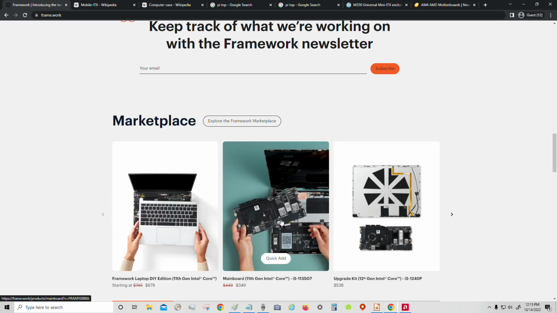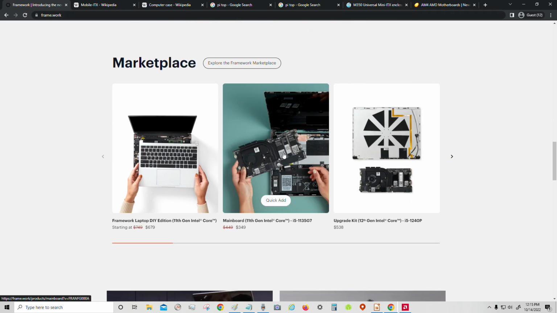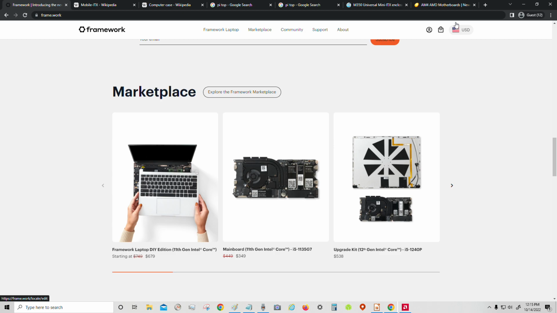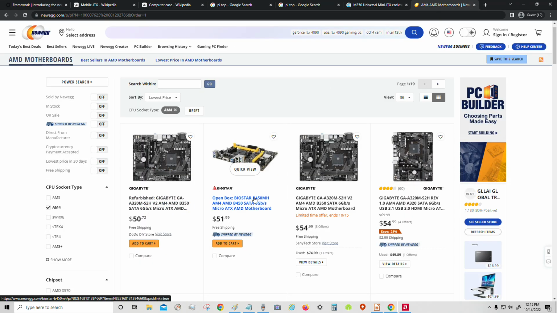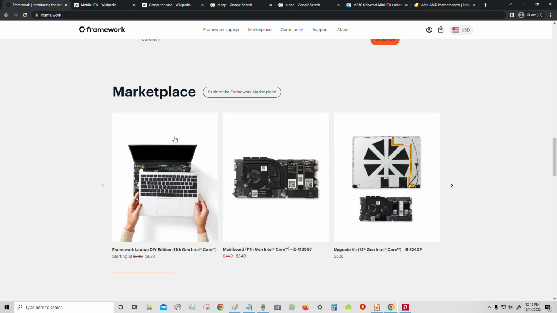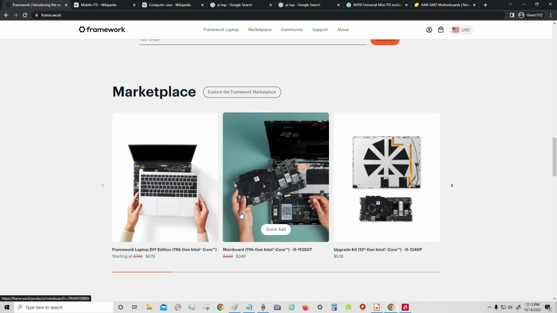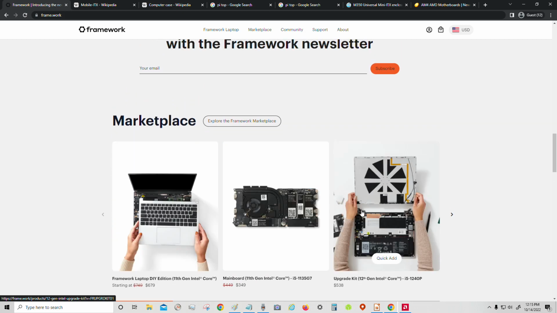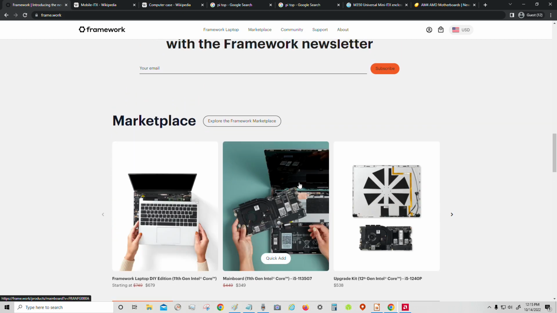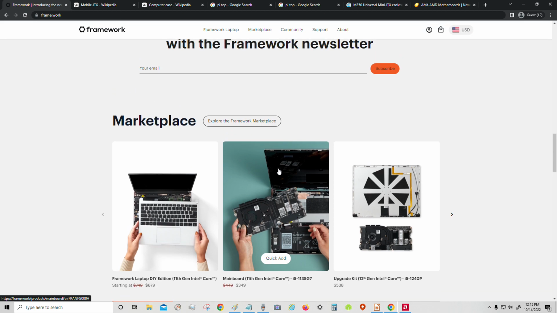So this is not something you would typically be able to buy on Newegg, because not many manufacturers like Gigabyte, BioStar, ASRock are going to design something just for Framework or other, even open source laptop, because it could be so specific that very few people would find it interesting.